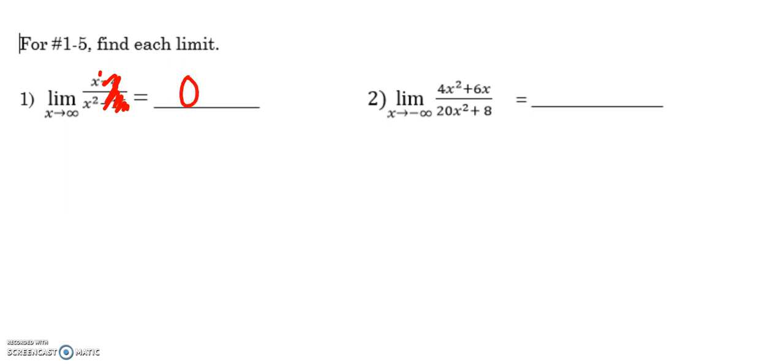For question 2, the limit as x goes to negative infinity. Again, by the time you're at negative infinity, things like 6x and 8 don't really do much, and really you're comparing x to the second and x to the second. So these are racing to negative infinity, and they're racing at the same speed, so to speak, but this one's going 4 times that speed and this one's going 20 times that speed.